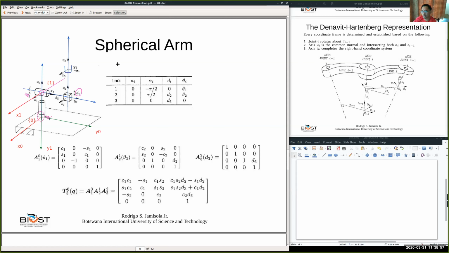So where X2 can be to intersect both? Where is Z1? Z1 is this, and this is Z2. X2 has to be normal to both Z2 and Z1. So Z2 and Z1 are this. Again, they live in that particular plane.